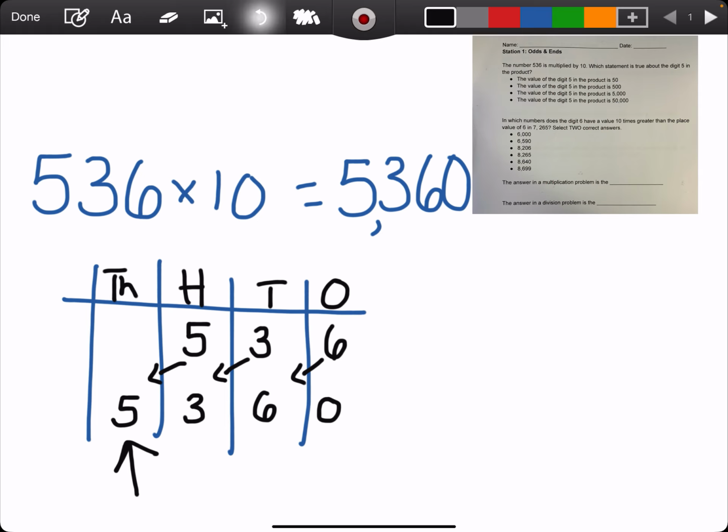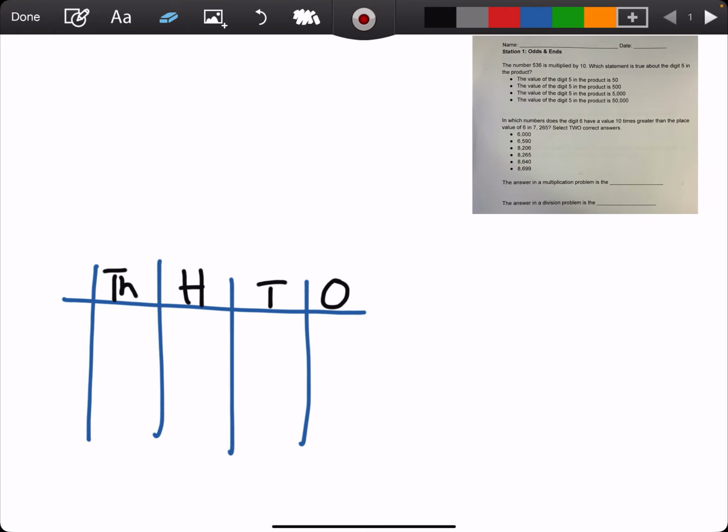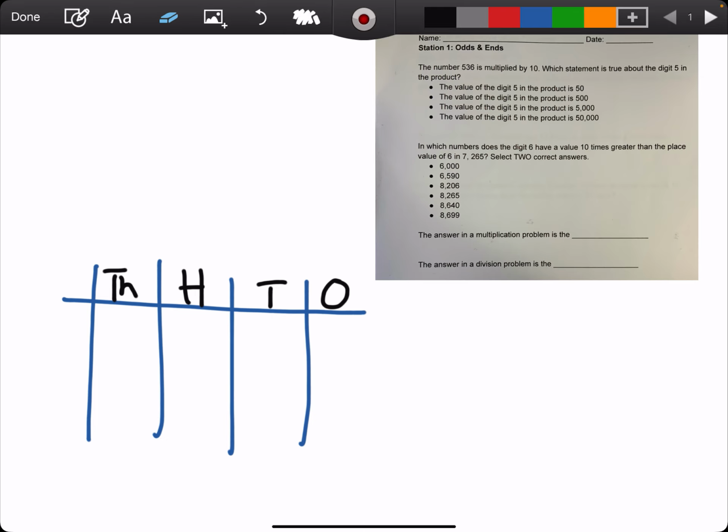Okay, so now I'm going to clear my place value chart and take a peek at the second question. In which numbers does the digit 6 have a value 10 times greater than the place value of 6 in 7,265?